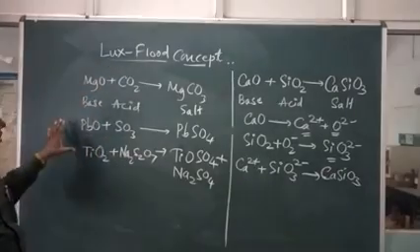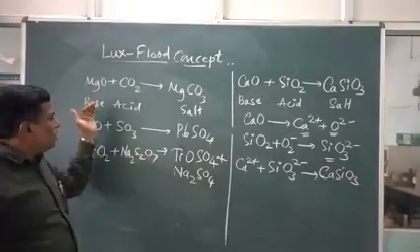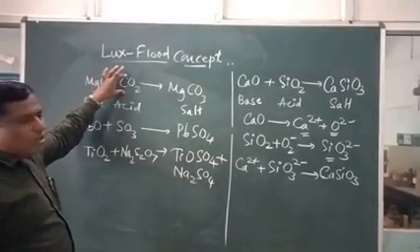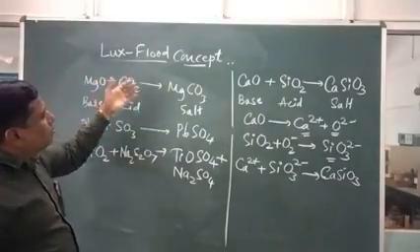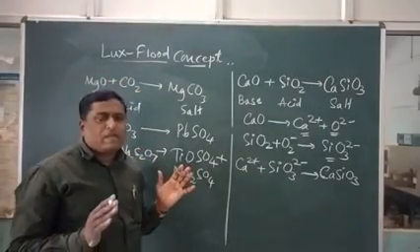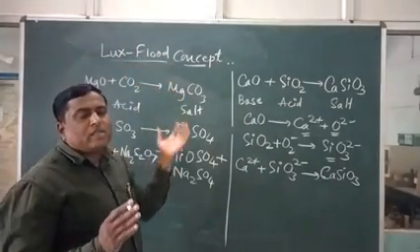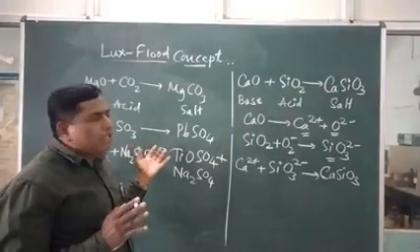These are the substances able to donate oxide ions, called bases, and those which accept oxide ions are acids. A salt is formed. This idea was given by the scientists Lux and Flood, and hence it is called the Lux-Flood concept.